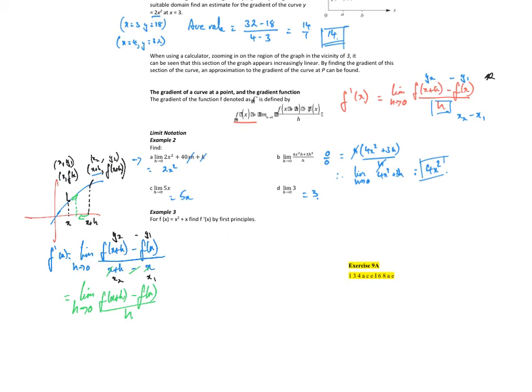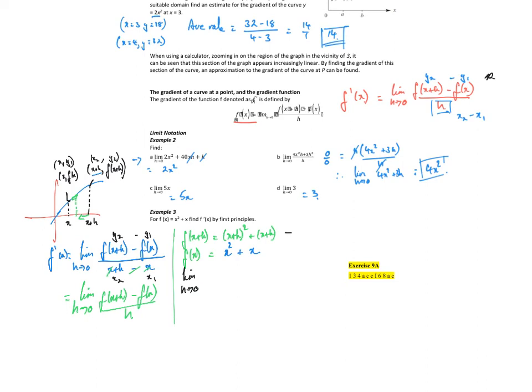So to actually work out the derivative from first principles, let's work out our f of x plus h, well that's equal to x plus h squared plus x plus h. F of x is simply x squared plus x. So now if we just work out what the limit is, I'll go to black. The limit as h approaches 0, let's expand that term.